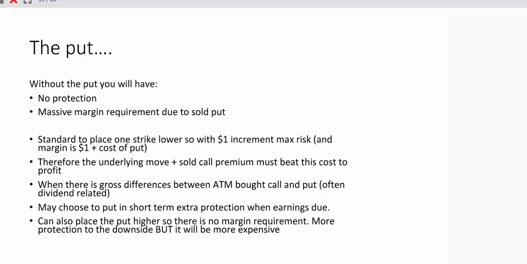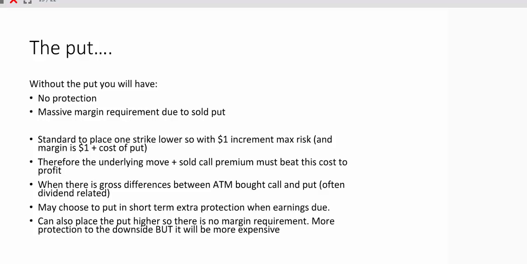Okay, just to go over what if you get put the stock. You have got the protection there of obviously the bought put.